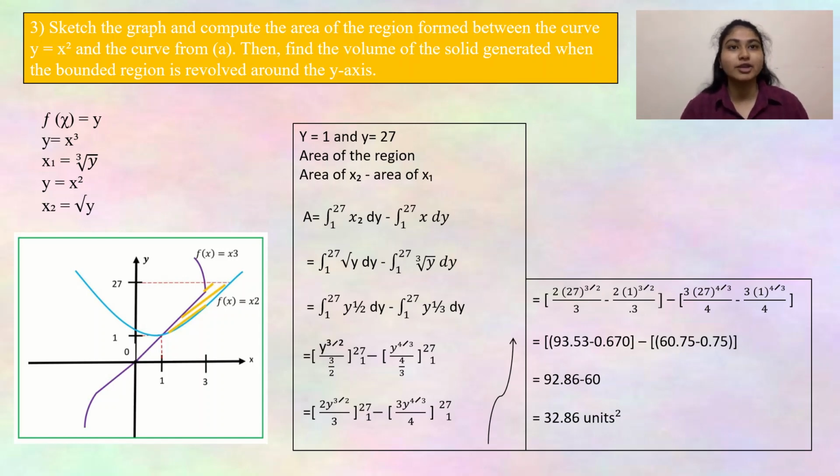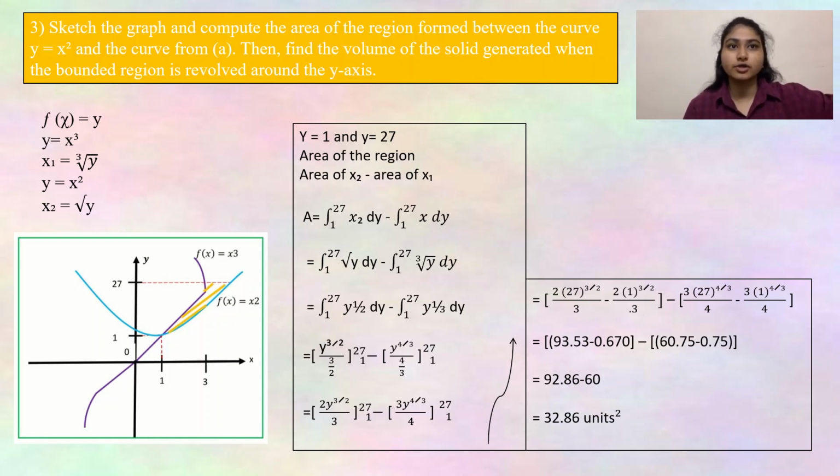In the bracket, y to the power 1 over 2 must plus 1, so it will be 3 over 2, over 3 over 2, in bracket 1 to 27, minus, in bracket y, the power 1 over 3 must plus 1, so it will be 4 over 3, over 4 over 3, in bracket 1 to 27.